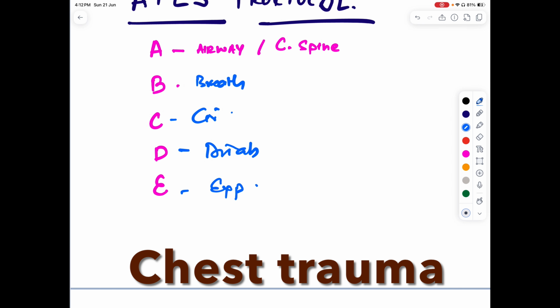Then after the primary assessment, A, B, C, D, E, you order some investigations like chest X-ray. This is the commonest investigation.